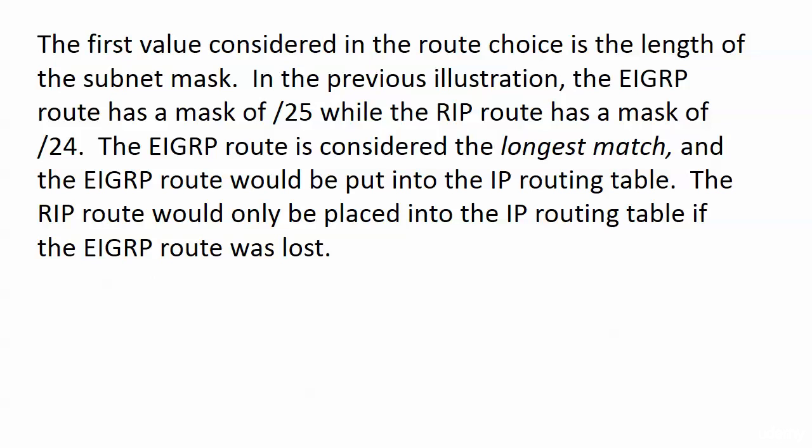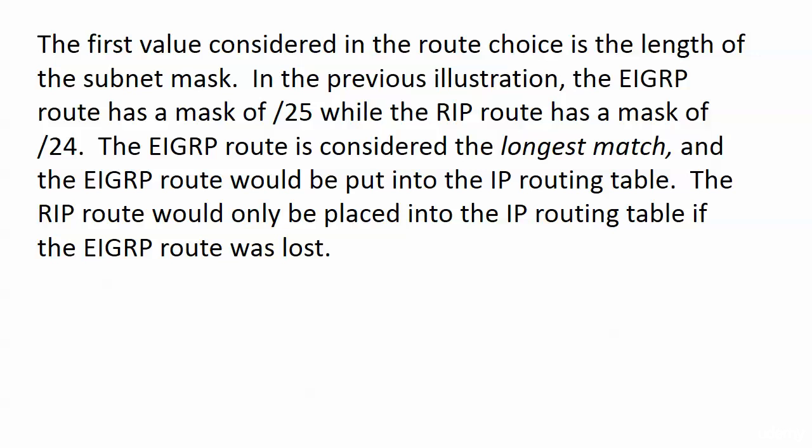RIP is matching 24, so EIGRP is considered the longest match, and the EIGRP route would be put into the IP routing table. Doesn't mean there's anything wrong with the RIP route, it's just that the EIGRP route is considered superior. If that EIGRP route was lost, and then that RIP route was the only one coming in for that network, then of course the RIP route would be used.